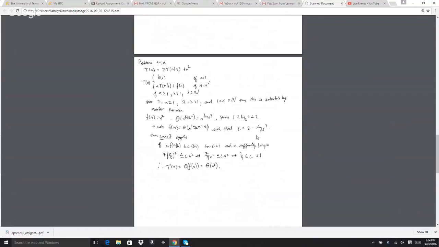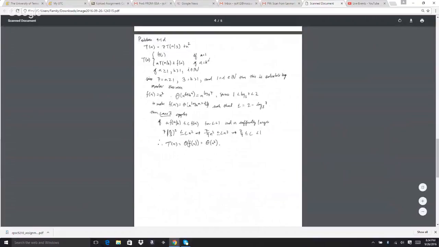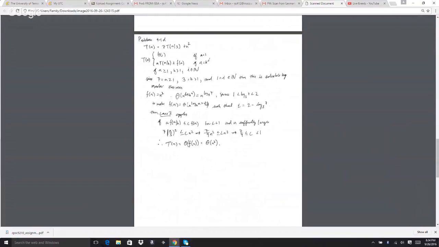Epsilon needs to reach 2, and we know log base 3 of 7 is greater than 1, but less than 2, which we have here. So epsilon is equal to this difference. Then case 3 applies, because again, we're adding a term, so that's the omega, or that's the lower bound.